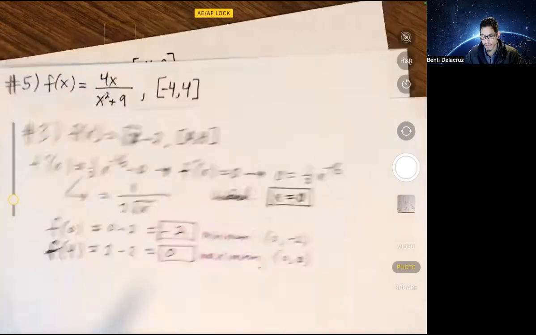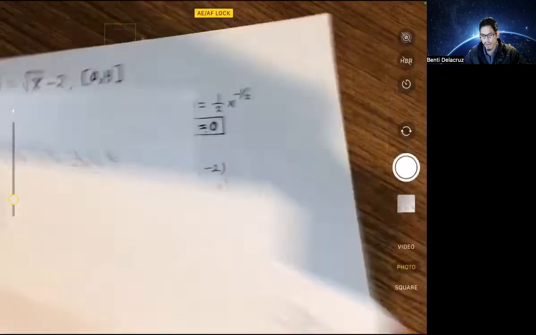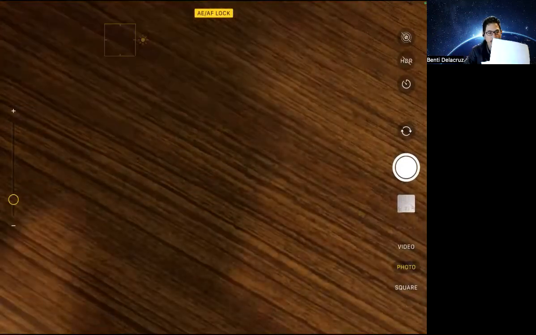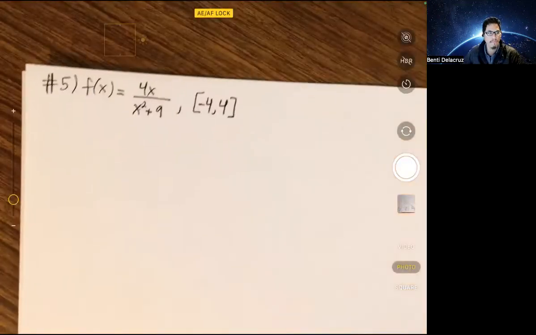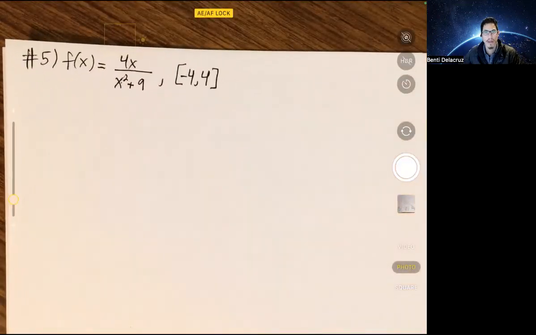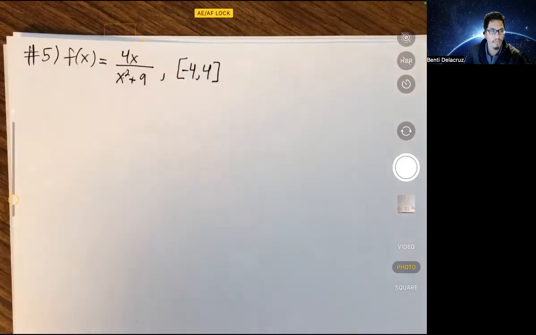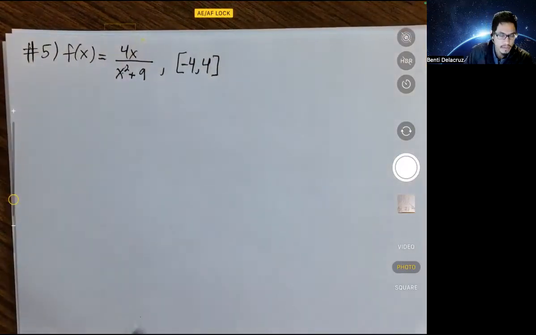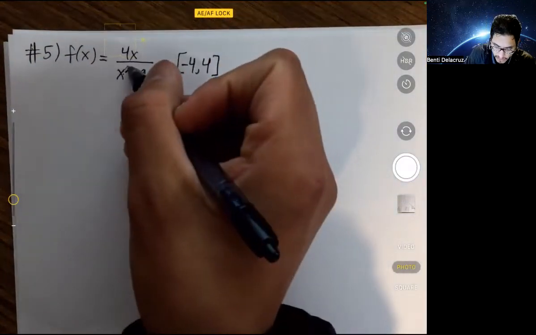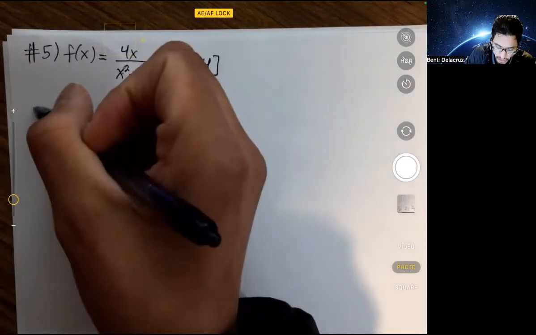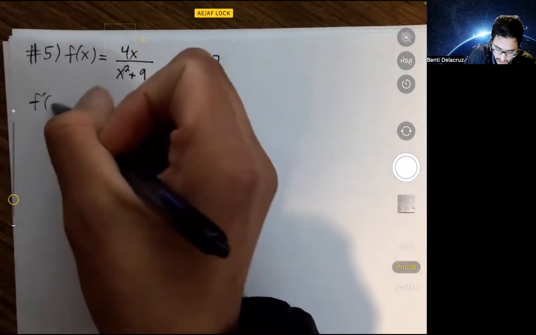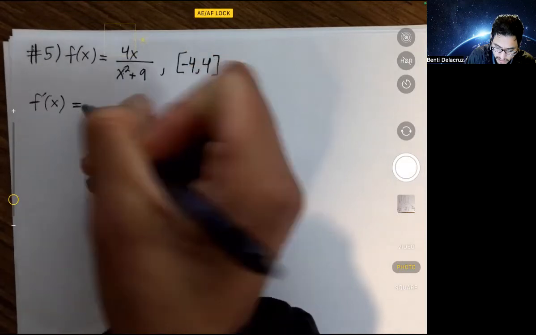Let's do one more. We have f of x is 4x over x squared plus 9. So again, let's find the derivative. And for this, we're going to use the quotient rule. It's kind of tedious, but we've got to do it sometimes.